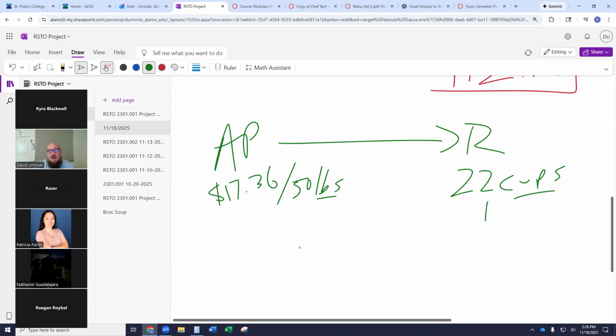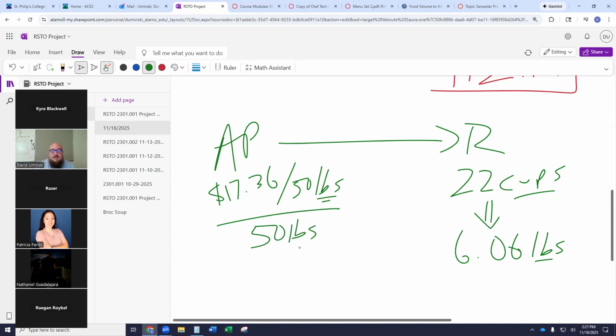So I go to my AquaCalc and see whether it's 97 ounces or 6.06 pounds. Just like you described, I'm going to use the 6.06 pounds because I'm already in pounds. Then divide by 50 pounds to get your cost of 35 cents per pound, because that way you can multiply straight across and get your answer.